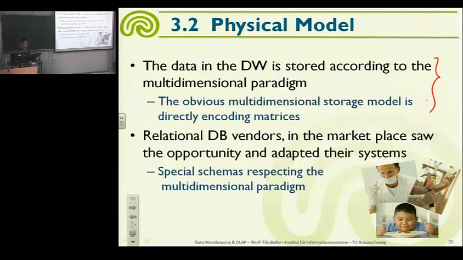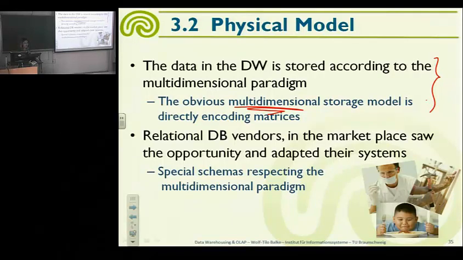When they first started thinking about data warehousing, it came rather obvious that we're not talking about 2 dimensions, but we're talking about multiple dimensions, and we have to find some kind of storage that supports that. So at the very beginning, when people started implementing data warehouses, they failed drastically because they didn't have this underlying structure that can help them or boost their system to answer these analytical queries.